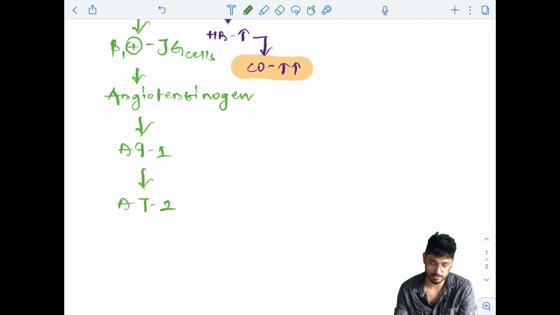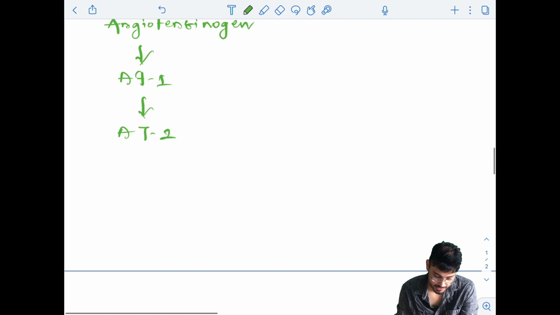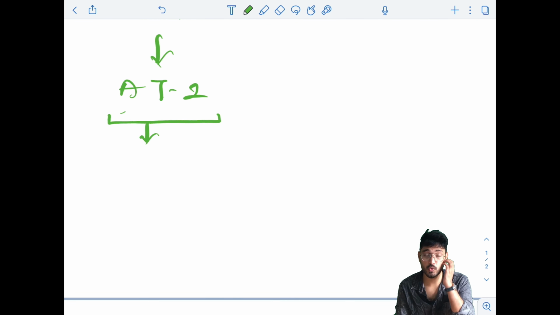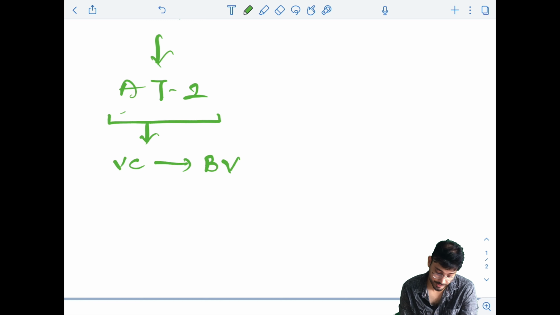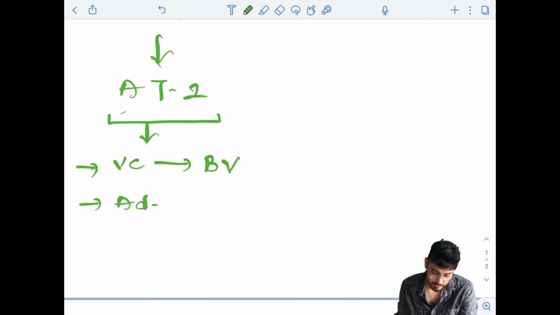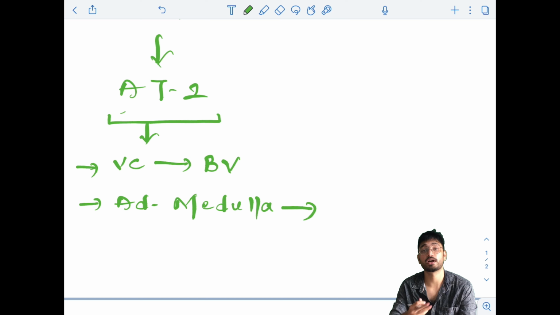So what happens with this? This angiotensin 2 will cause vasoconstriction in the blood vessels. That is the first problem. Again it will act over the adrenal medulla.